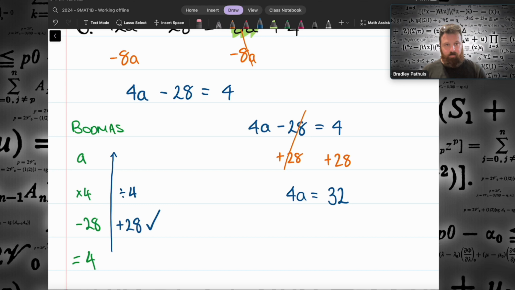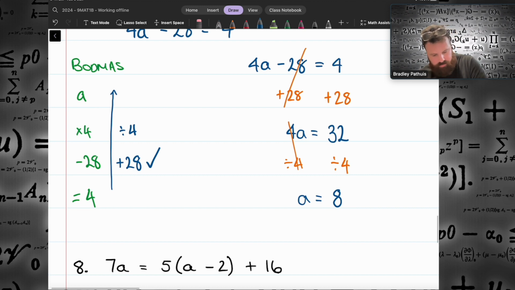Done that part. Now I need to divide by 4 on both sides. If I divide by 4, that gets rid of the 4 on the left, and I divide by 4 on the right-hand side. That leaves me with a equals 32 divided by 4, which is 8. So the value of a is 8.